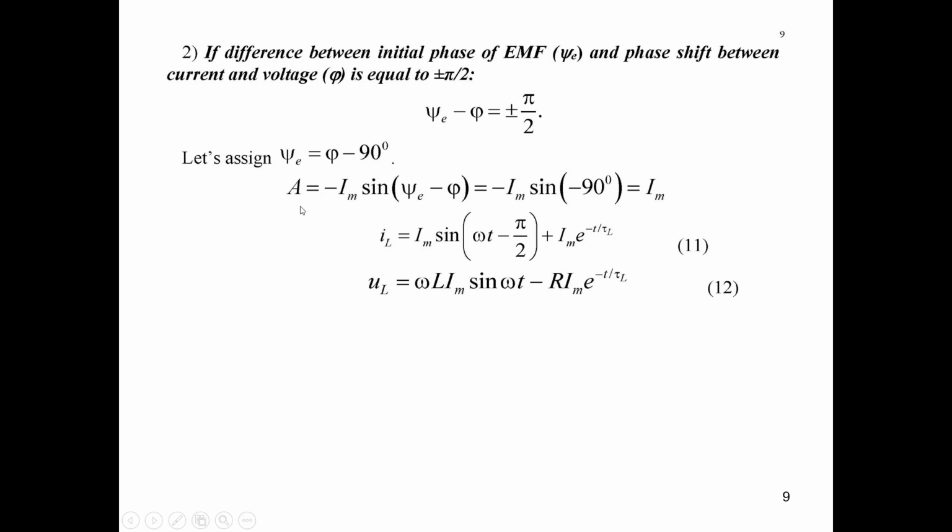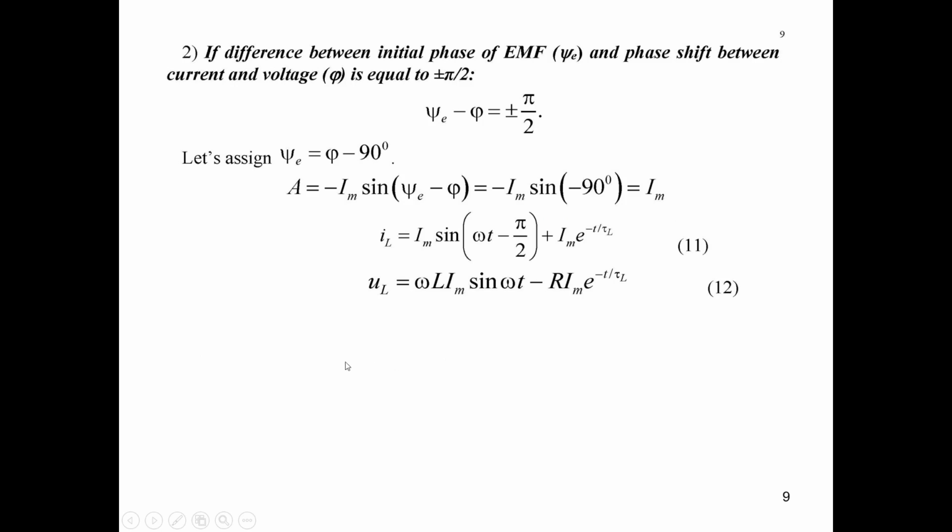And we can write down that A equals minus I maximum. Let's assign that psi equals phi minus 90 degrees, it doesn't matter, minus or plus, let's consider this case of minus 90 degrees. We will have A equal to minus I maximum sinus of psi e minus phi, which is 1, so we have just minus I maximum, and with minus 90 degrees, it will be plus I maximum.